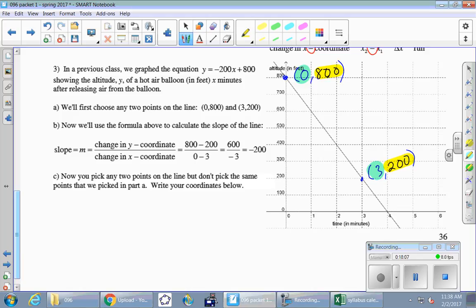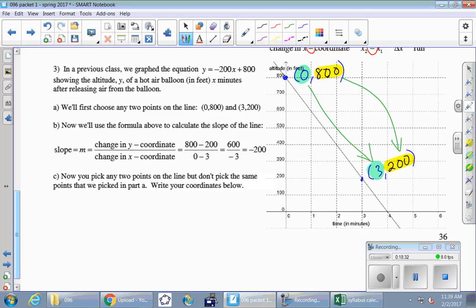This is one of the few places you can go wrong with slope, is to put the wrong sign. And so all I'm going to say about this, and we'll repeat it next time, is that whatever order you subtract the y's in, you've got to subtract the x's in the same order. So because we did 800 minus 200 in that order with the arrow, you've got to do 0 minus 3 in that order. As long as you do them both the opposite way, totally fine.